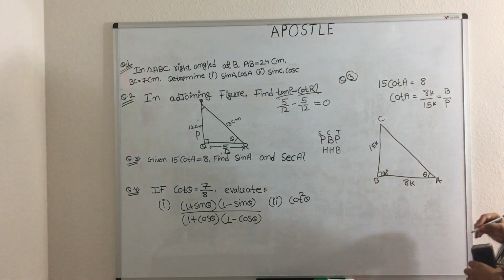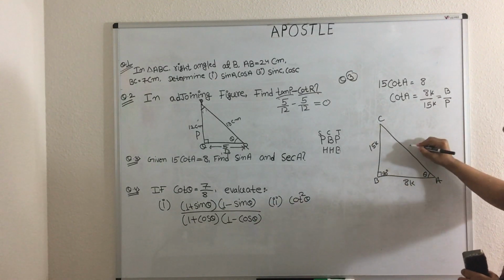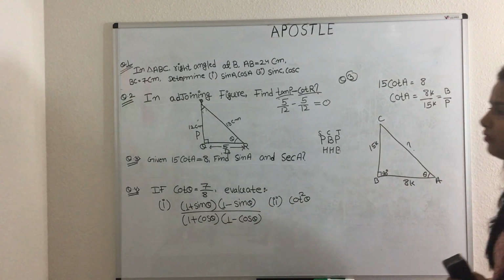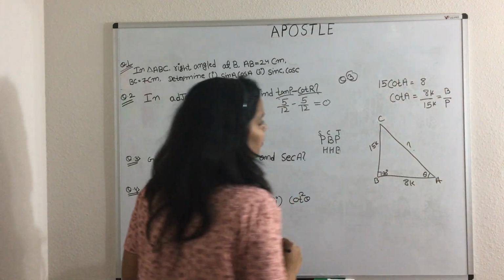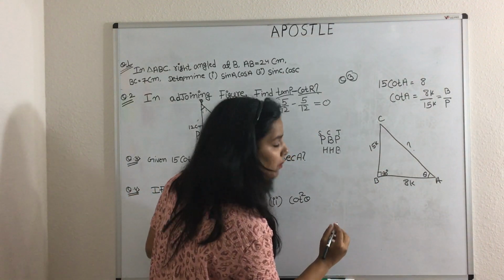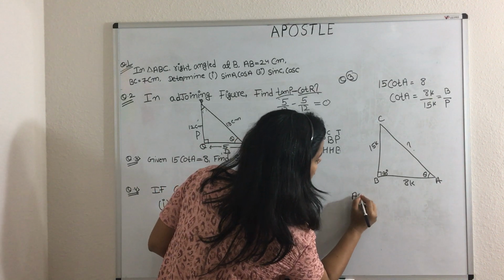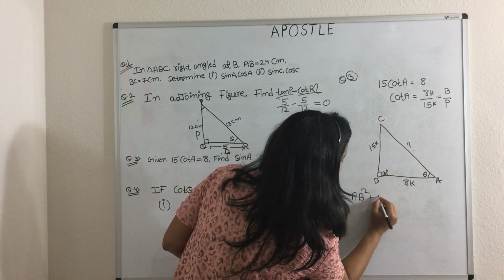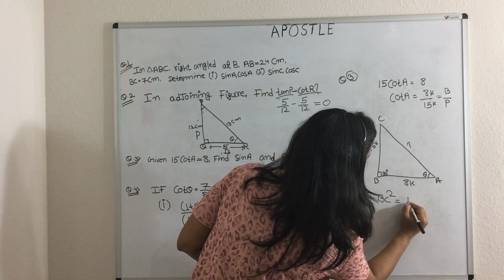Again, what do we have to find? We have to find the hypotenuse AC. And we all know that we are going to apply the Pythagoras theorem. So in the Pythagoras theorem, AB square plus BC square is equal to AC square.